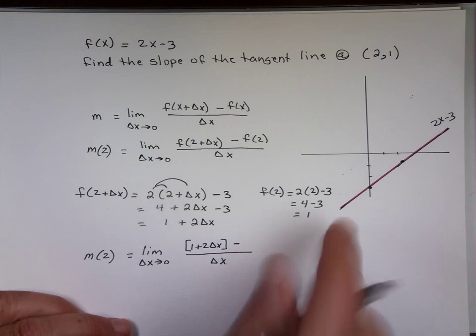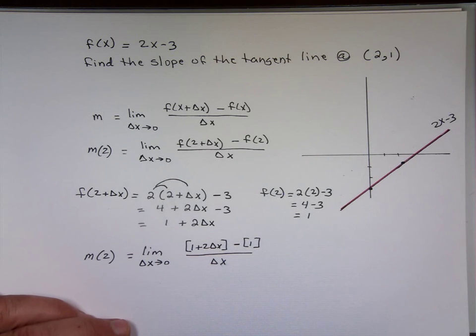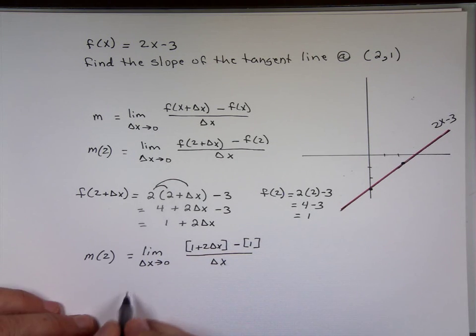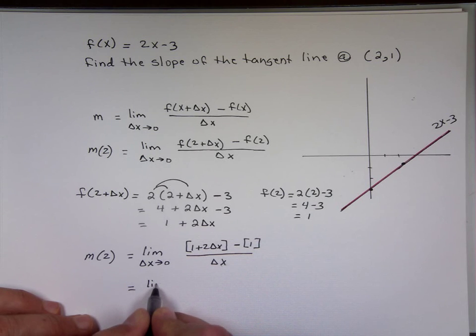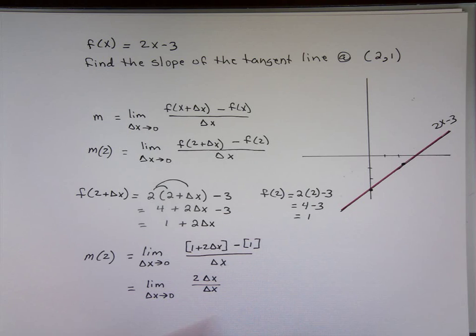That's a 1. So when you simplify that, what are you going to have? The limit as delta x approaches 0 of 2 times delta x over delta x, and what's going to happen to the delta x's? They will cancel each other out.